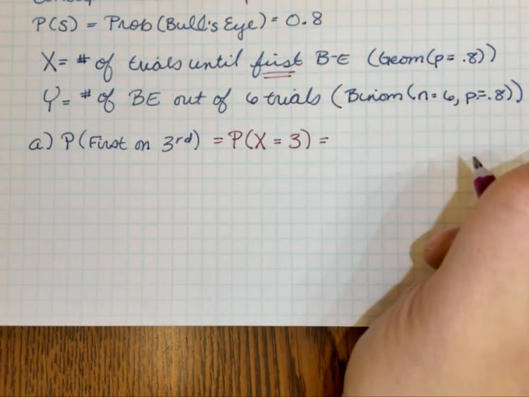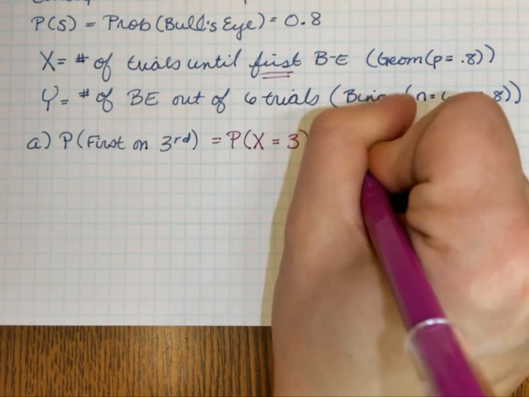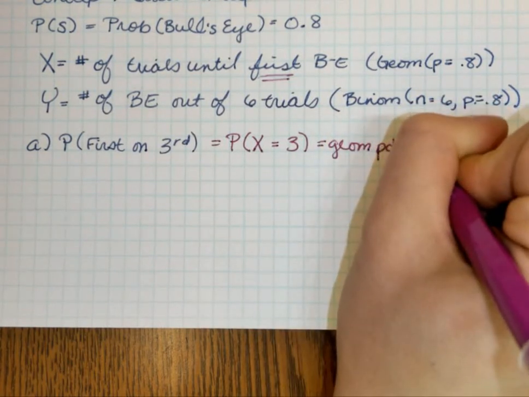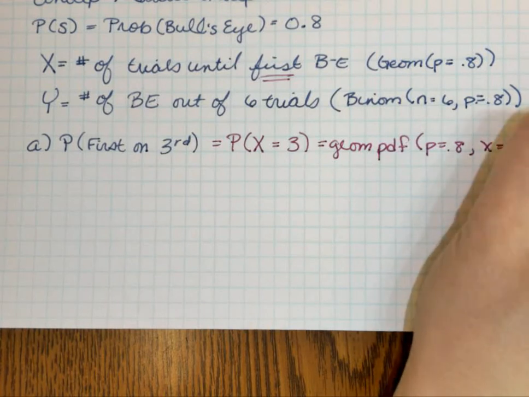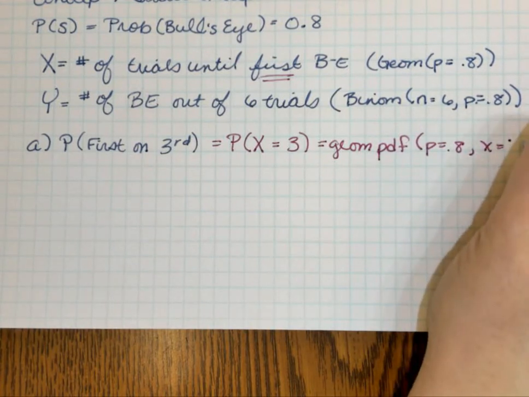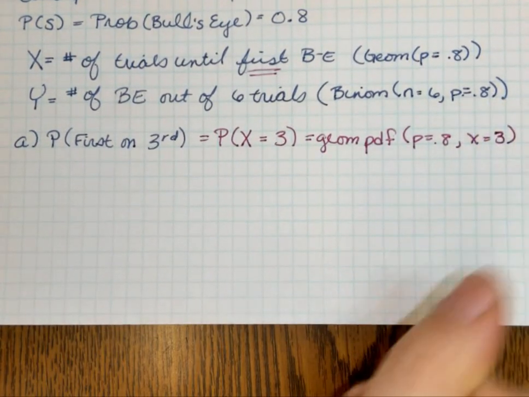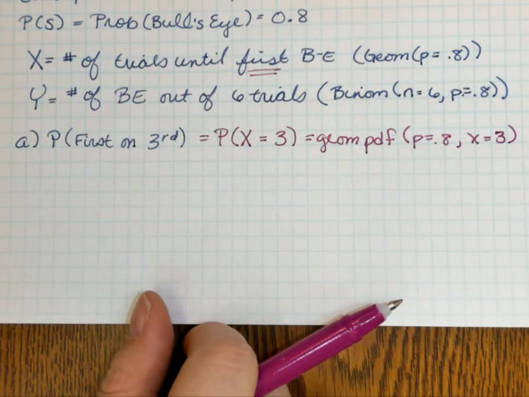Is that going to be PDF or CDF? PDF. And I'm just going to say p is 0.8, x is, what's my number for X here? 3. So go ahead and calculate that.